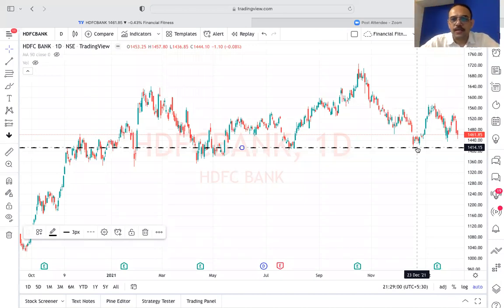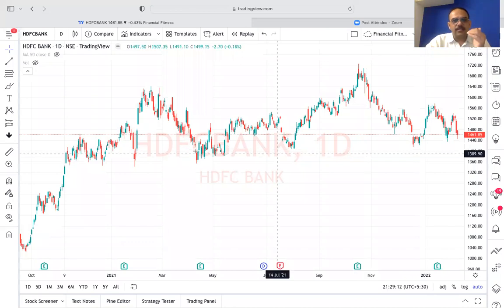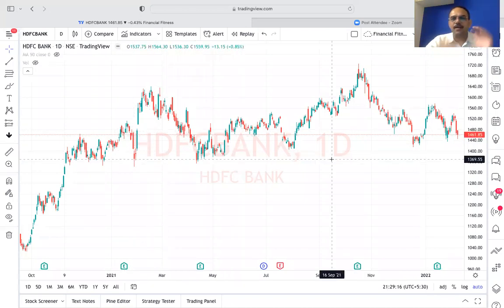So now if I remove this line and you see visually, now you have to bring in the art within yourself. When you are looking at it, you have to see, is there a level here where the price comes down and bounces from there?